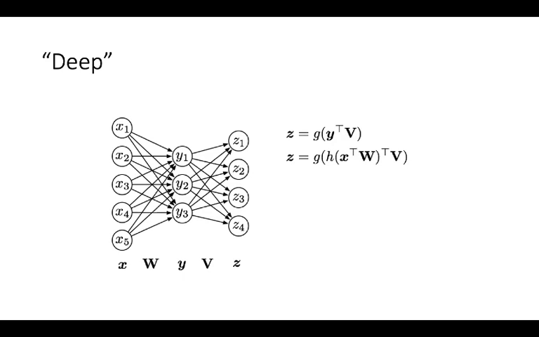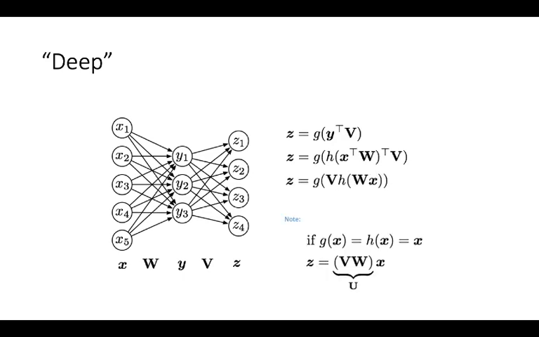And we can stack multiple layers. If the activation is a linear function, it's actually just a matrix multiplication of the original inputs. But usually we want some non-linear activation function in between so that the model can capture subtle changes in the data.